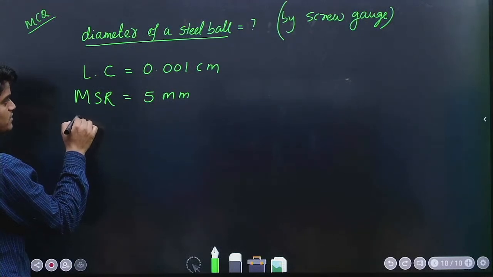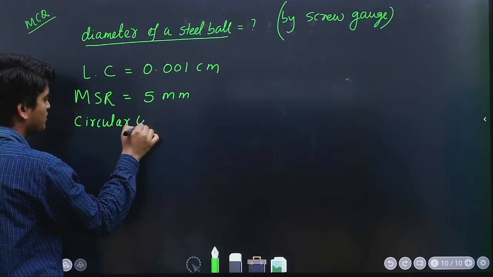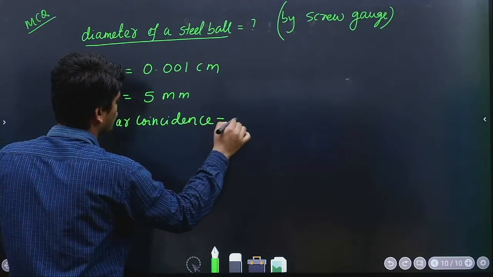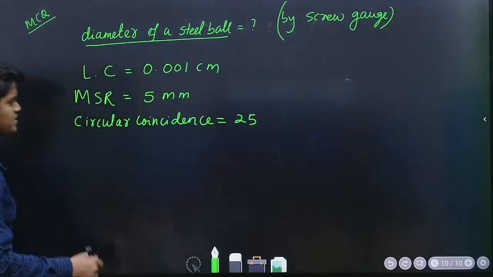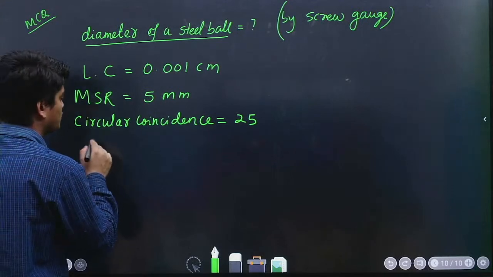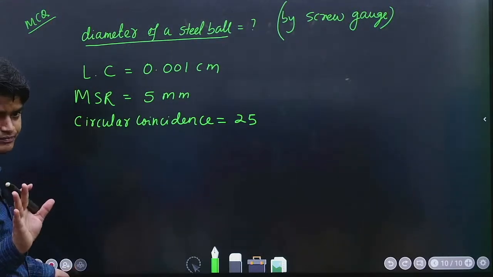And they have given the circular coincidence, 25. Circular coincidence is only a number, a division number only.